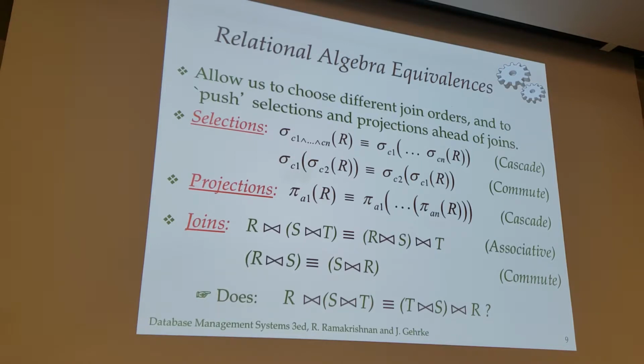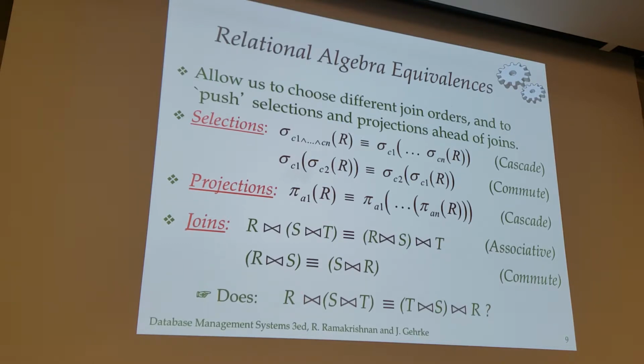For example, on selection, we talked about variations of this in 180. Selection with a conjunction, you can do them one at a time if you want to. You can do them in any different order. So it's commutative and associative and all the rest of it that exists when you have selection.